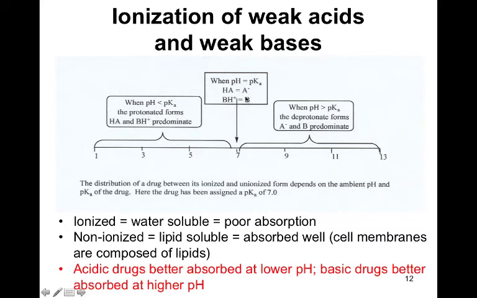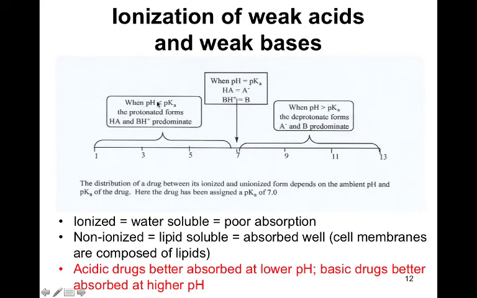On the other hand, a weak base, when deprotonated, is unionized. Because remember, weak acid is a proton donor, weak base is a proton acceptor. So a weak base here is deprotonated and unionized. However, when it gains a proton, it becomes protonated and ionized.